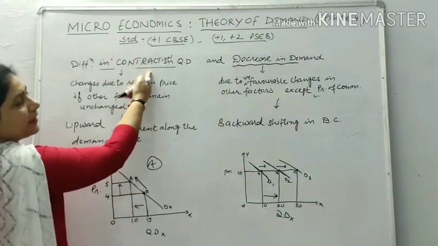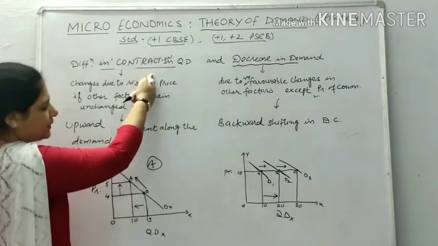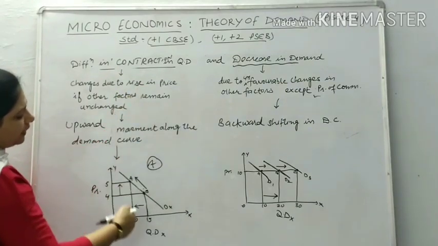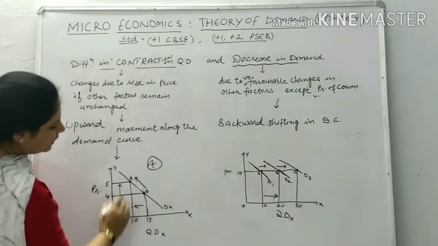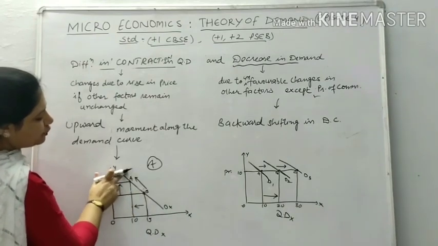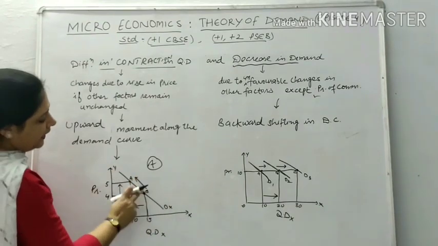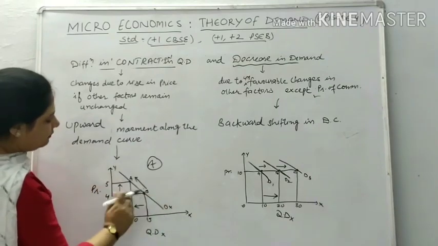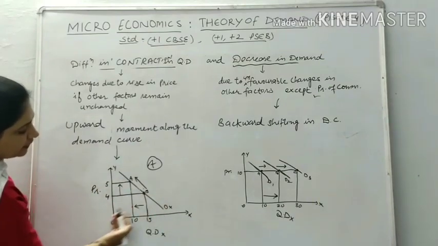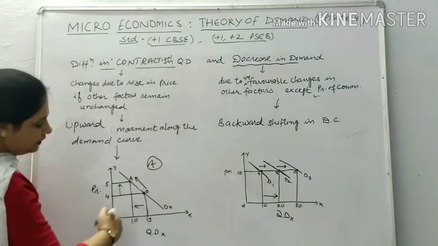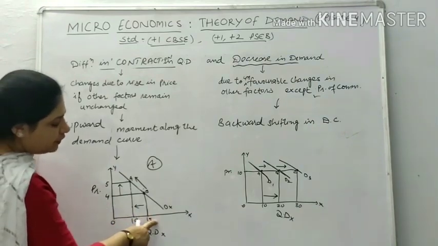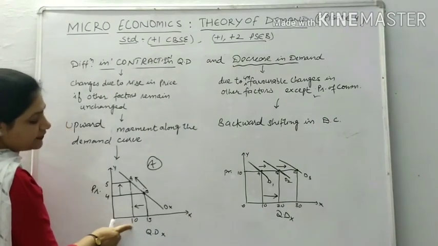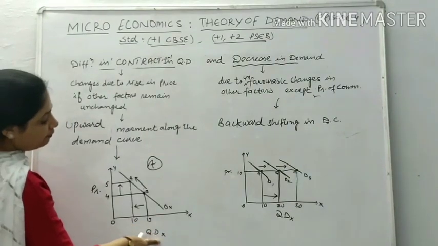This occurs due to a rise in price, as you can see here. B to A is an upward movement along the same demand curve, and contraction means 15 units are now reduced to 10 units of the same commodity.